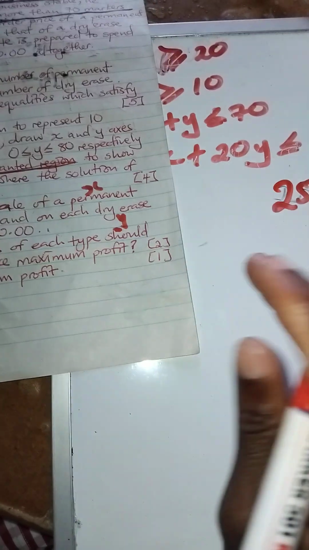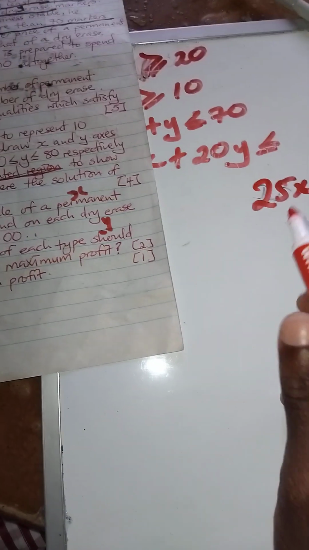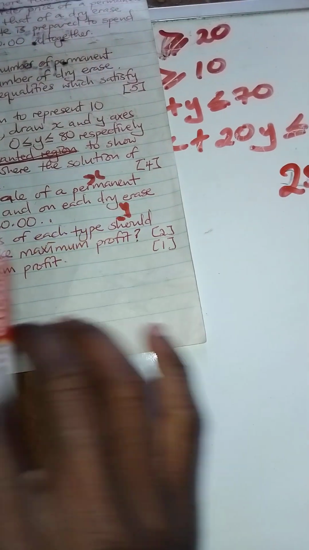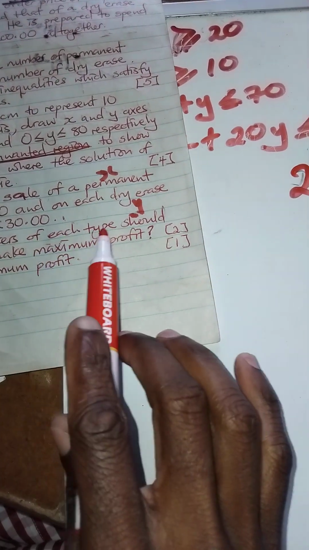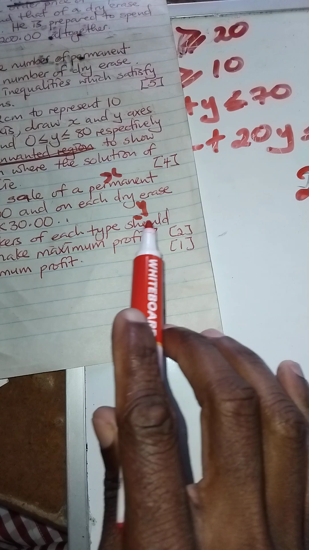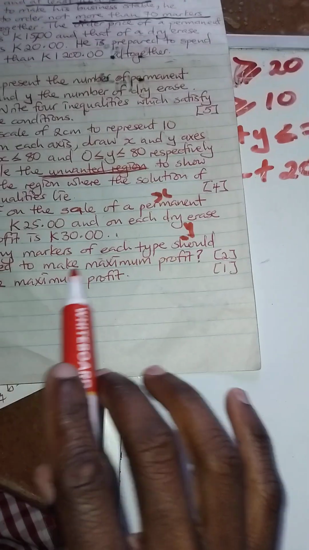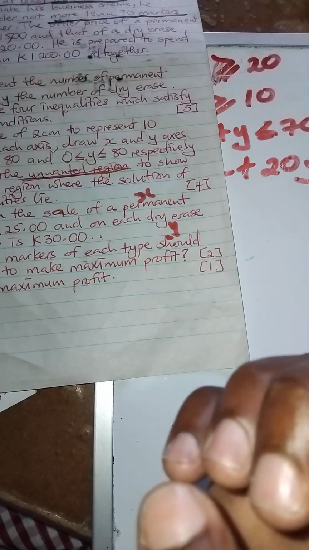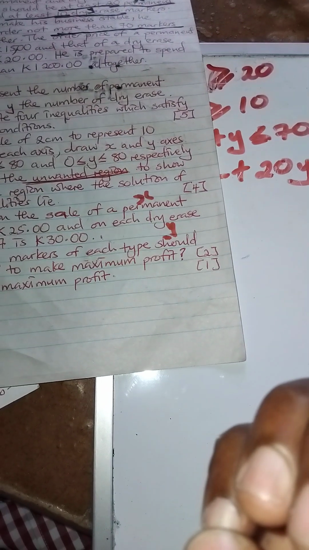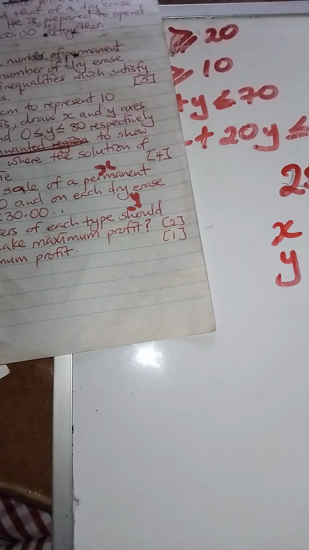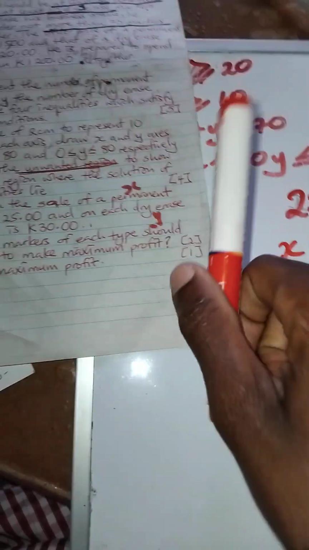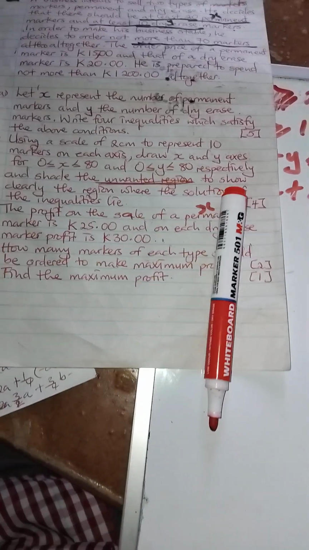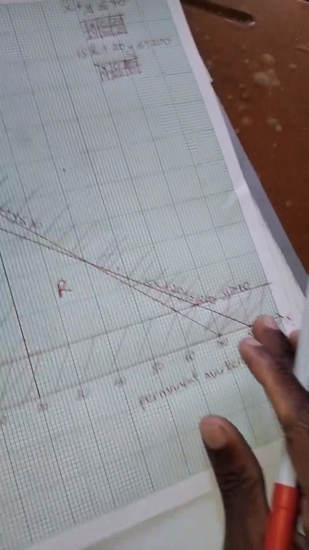Right now we want to find how many markers of each type should be ordered to make maximum profit. So we want to find x and y.